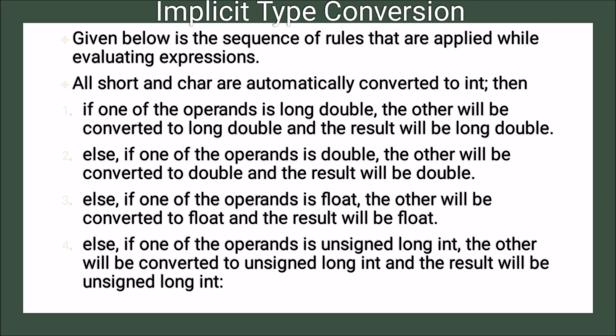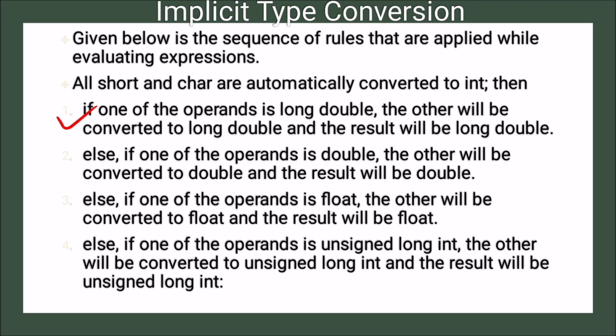Then the first rule: if one of the operands is long double, the other will be converted to long double and the result will be long double. If any one of the operands is long double, then the other is also converted into long double and the result will also be long double.